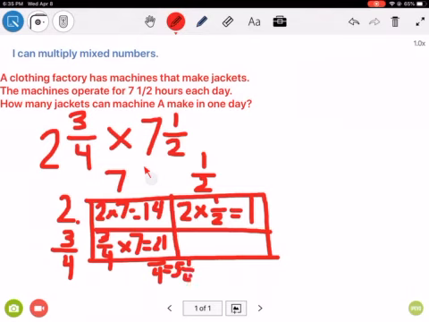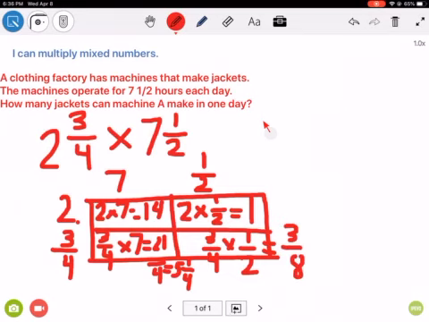Running out of room, guys. All right, then my next one, I'm going to multiply 3/4 by 1/2. 3/4 times 1/2, which gives me 3/8.